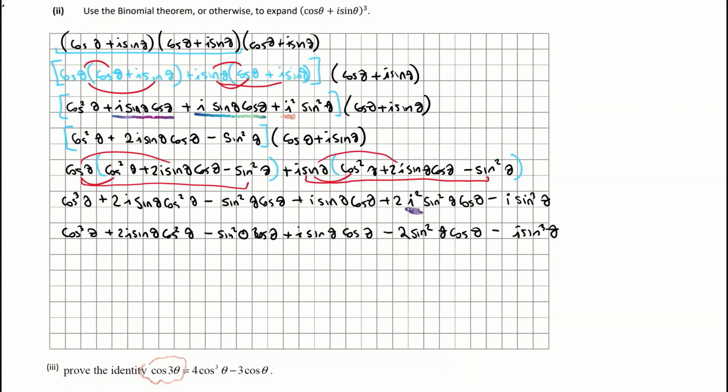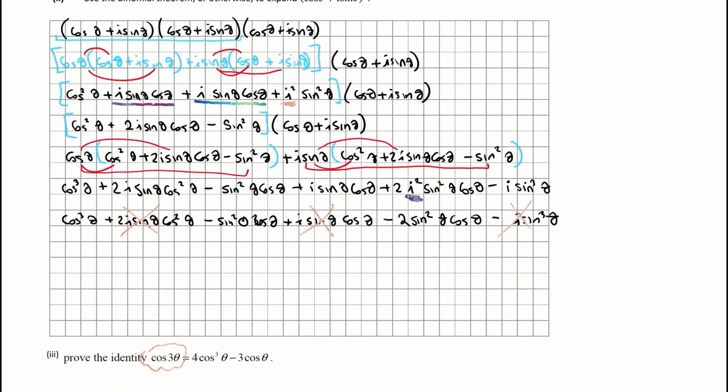So basically I'm looking for the real parts, because remember De Moivre's theorem is cos theta plus i sine theta. So they're only getting us to investigate one part of it, which is the cos part, which is the real part. So basically I need to ignore anything with an i in it. This one here has an i, so I'm going to ignore that. I have an i here, I'm going to ignore that. And I have an i here in the last one, so I'm going to ignore that.